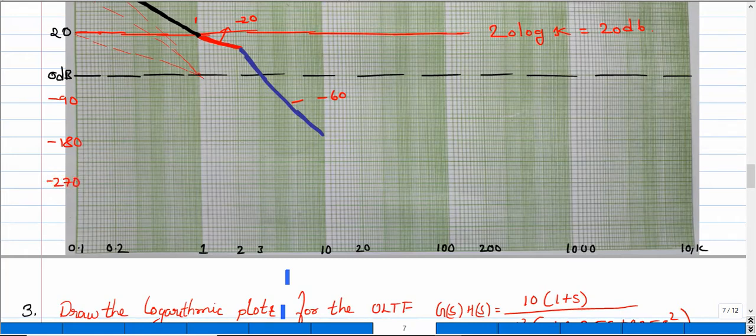Or else let me take one step down so that it could be seen very clearly. I will take from here minus 90, 2 divisions minus 180. This particular is minus 90, minus 180, and this is minus 270. As you know, our reference line is minus 180.